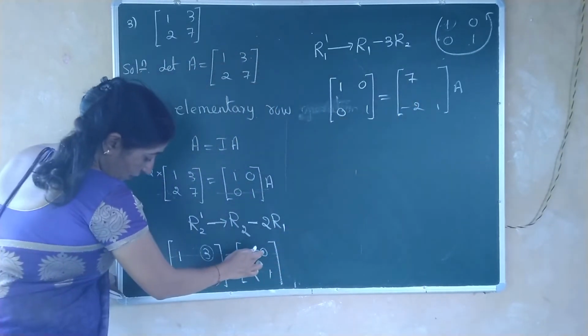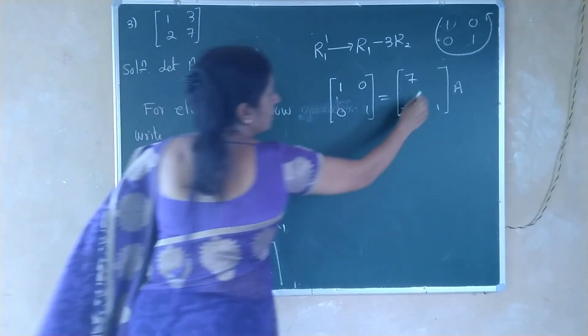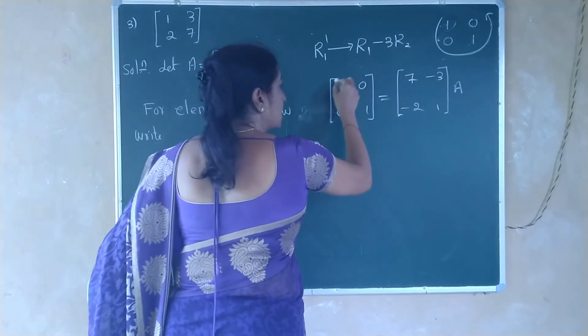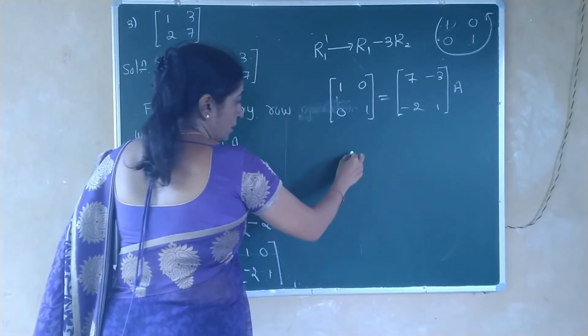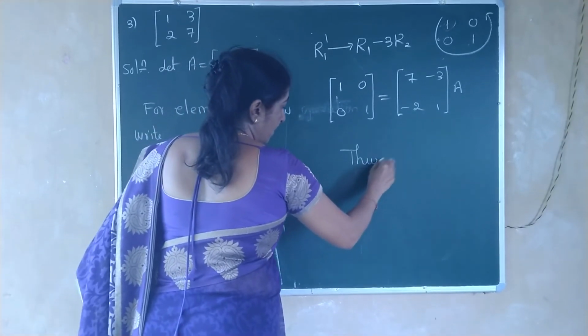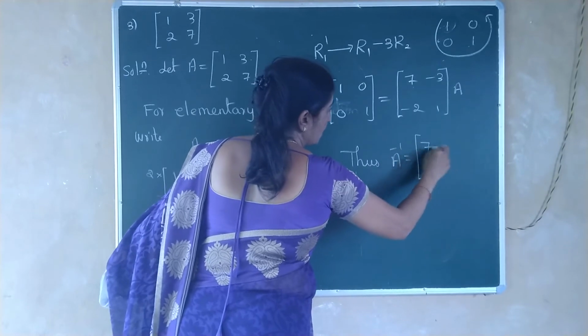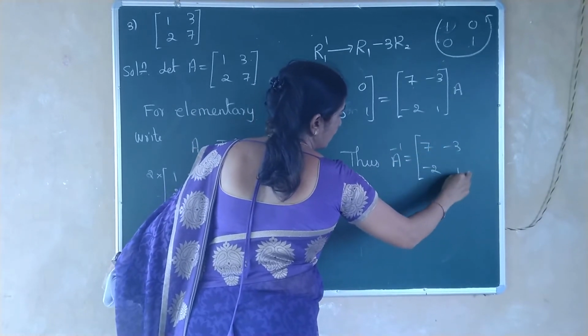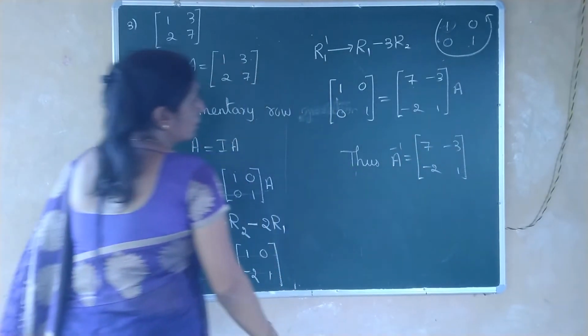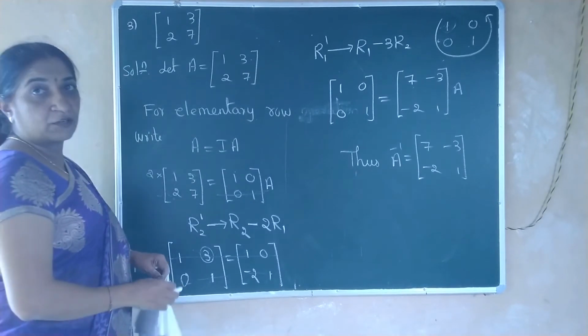Next 0 minus 3, that is minus 3. See, is it the identity matrix or what? Yes. Thus A inverse is equal to 7 minus 3 minus 2 1. Understood? This is how we are finding A inverse.